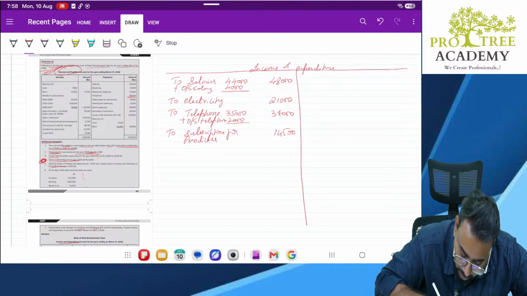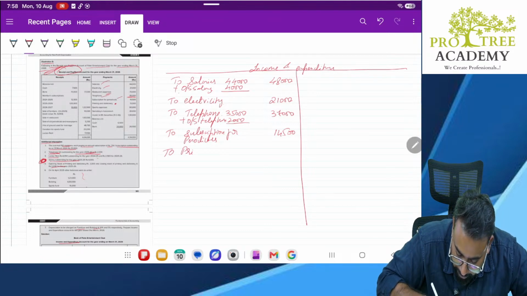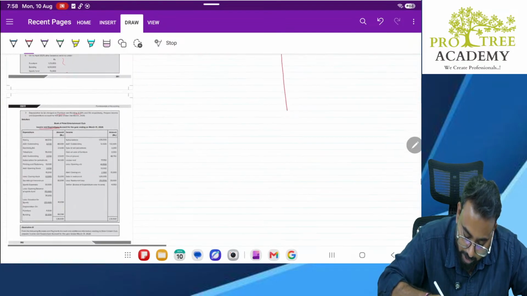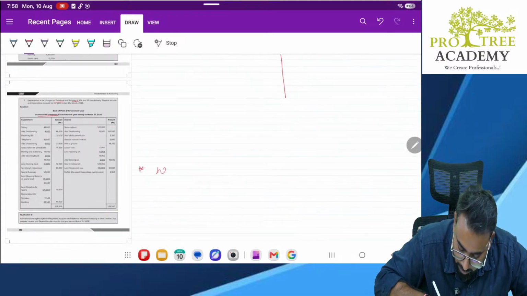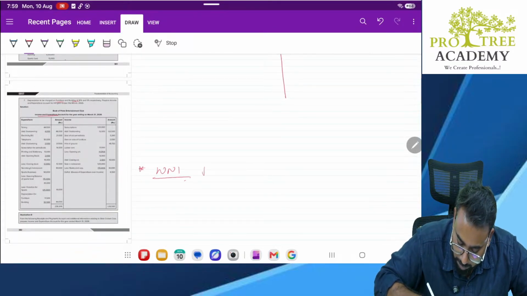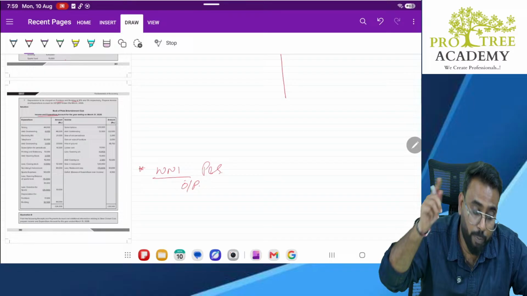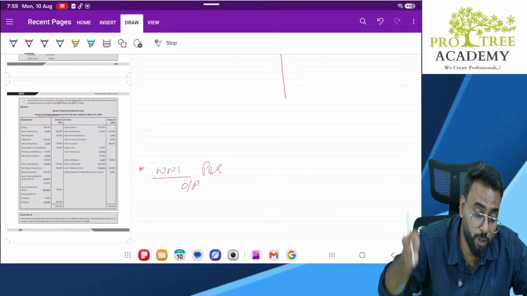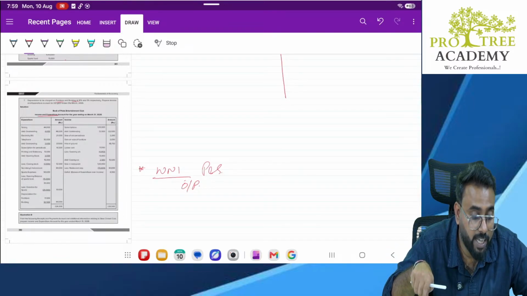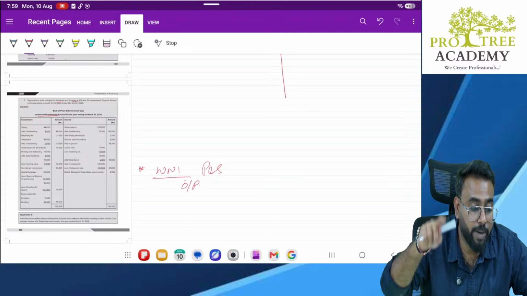Printing and stationery. Here, remember, let's prepare a working note for this. Why working note, sir? Printing and stationery. What is the opening balance of printing and stationery? Because look at the question carefully. They have given you opening stock of printing and stationery, closing stock of printing and stationery, and payment made for printing and stationery.